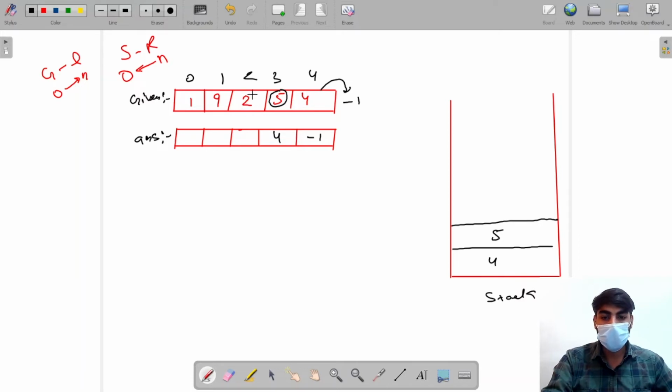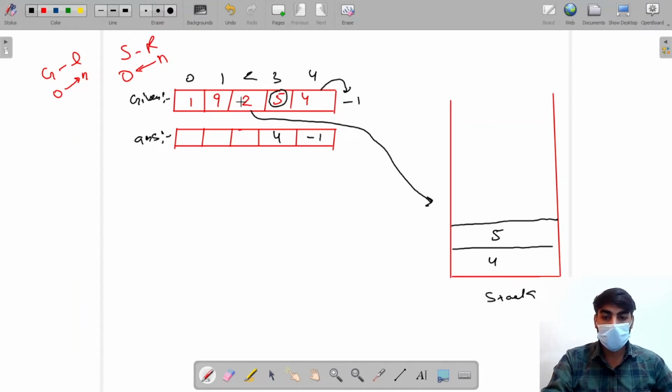So for 2 we are finding the next right smaller element. What is mandatory? We have to push the element in the stack, but before pushing, we check the condition.